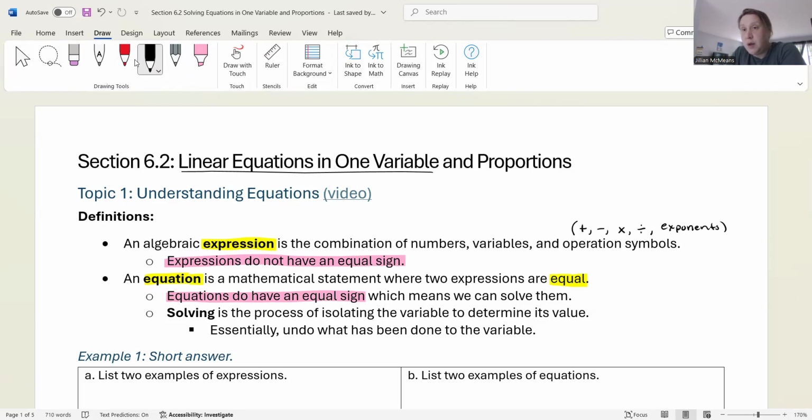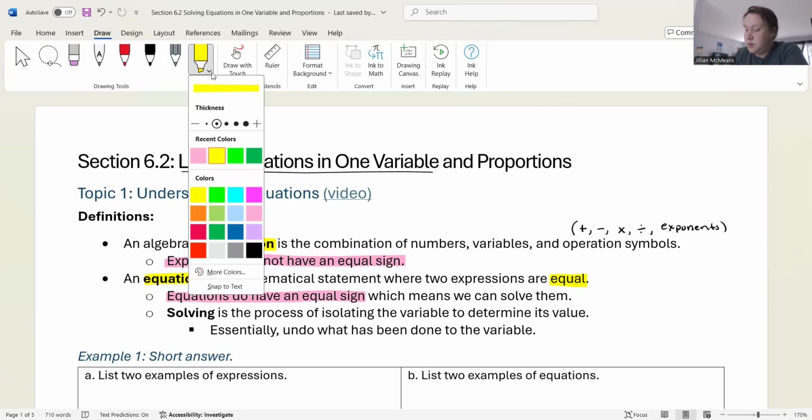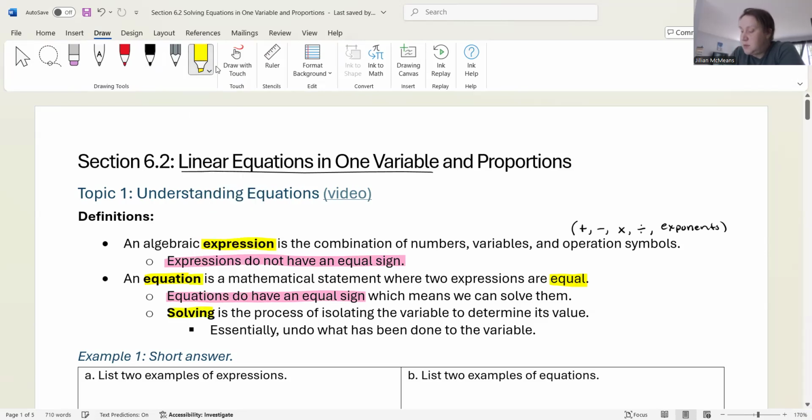We can solve the equation, and that means we're going to isolate the variable to determine the value of the variable. Solving is the process of isolating the variable to determine its value.